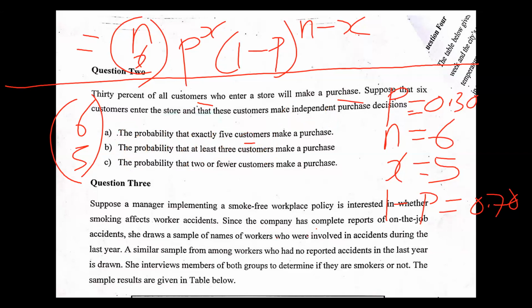The value of N is 6, so we put 6 where there is N. X is 5. The P is 0.30 raised to the degree 5, because X is 5, times 0.70 raised to the degree N, which is 6, minus X, which is 5. You're fine? Okay.